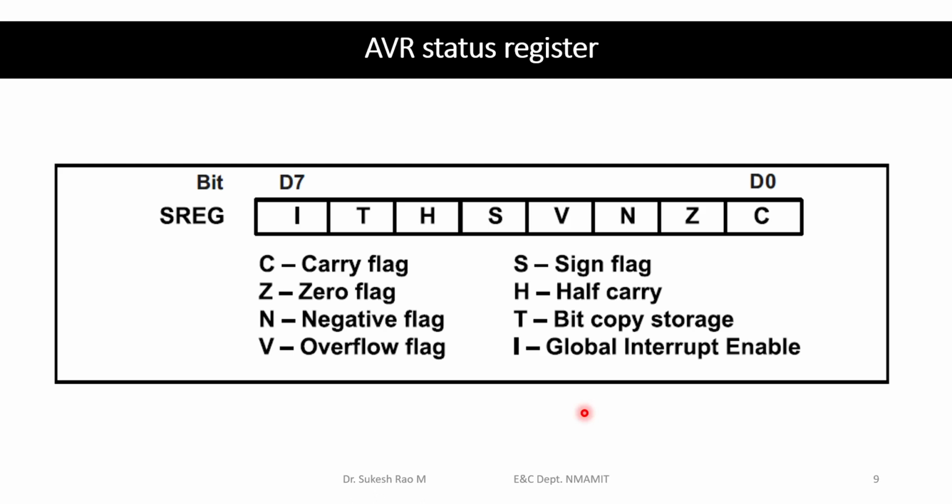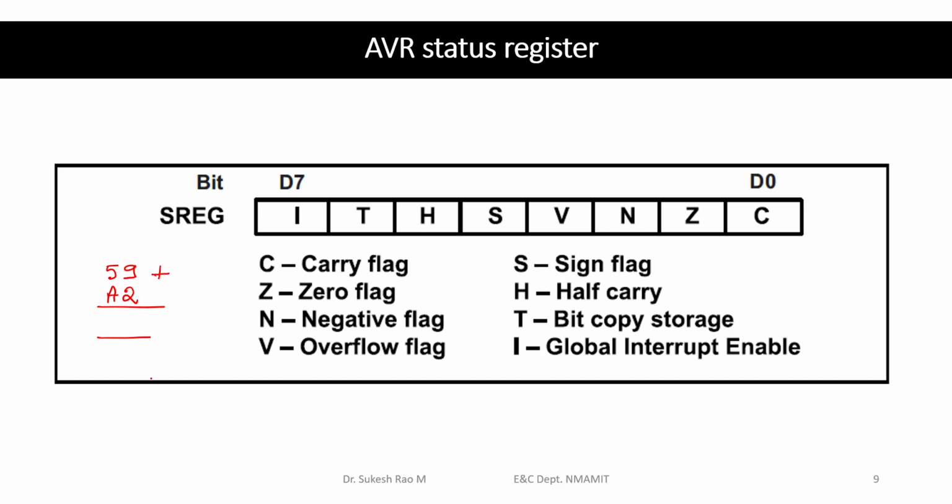If I consider a number, let's say 59, and then I add another number, let's say A2. What will be the answer? If I'm adding these two numbers, I get some answer.